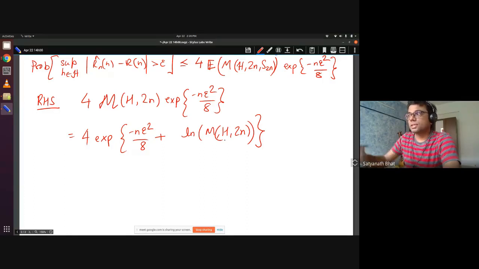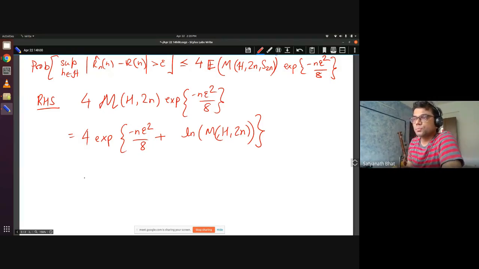So this second term is actually very important. It's important enough that we are going to replace it with a number which we will call a growth function. Nothing too complicated, we are just giving a new name for it.